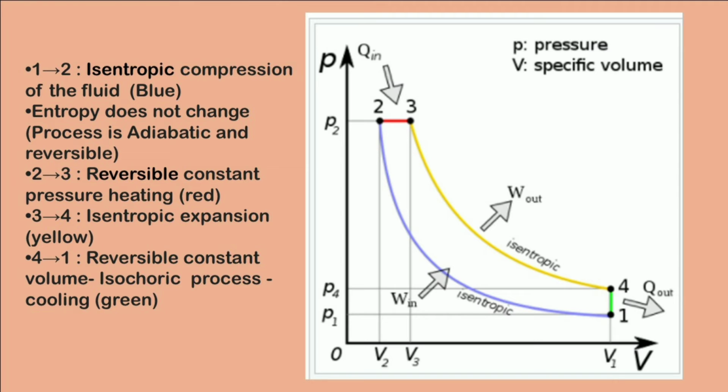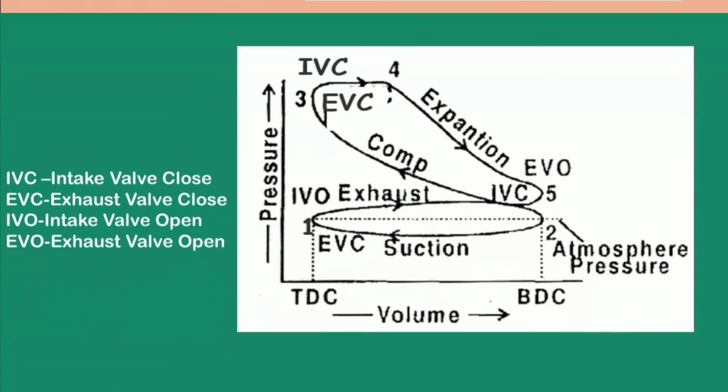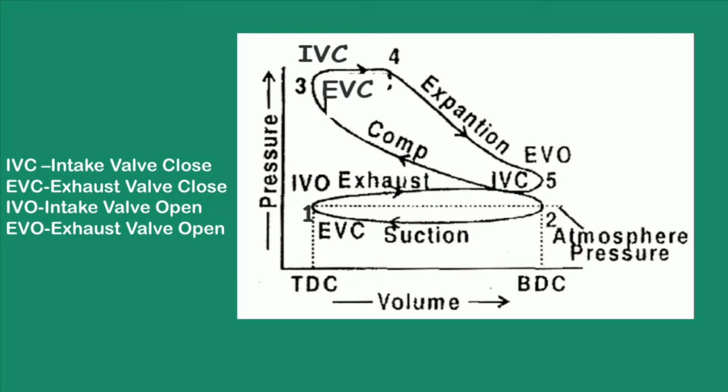The summation of many such cycles per unit of time is called developed power. The W out is also called gross work, some of which is used in the next cycle of the engine to compress the next charge of air. This completes the idealized or theoretical diesel cycle learning.